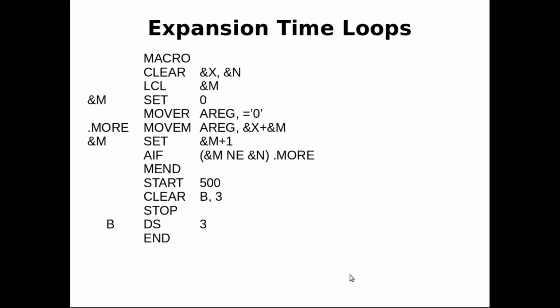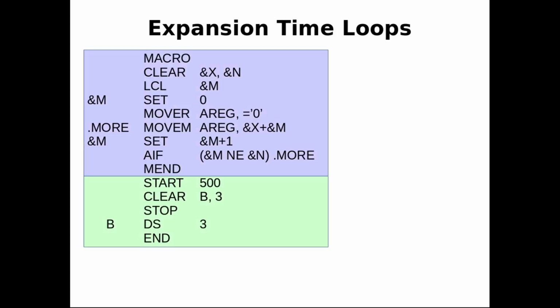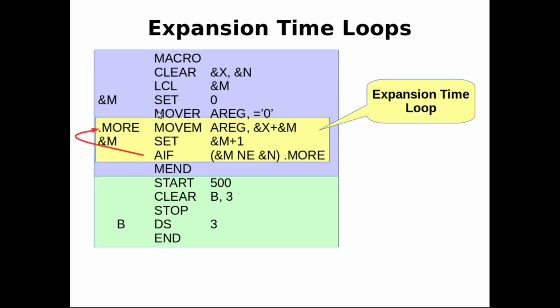So here is an example of a program of a macro definition that use expansion time loops. So here we have the macro definition and we have the main program, and if we look at the macro definition, this is the expansion time loop.